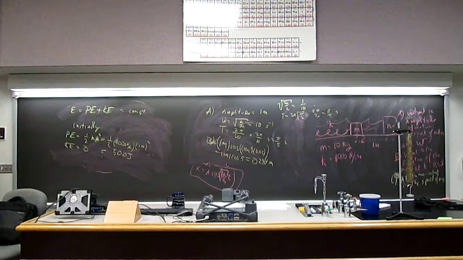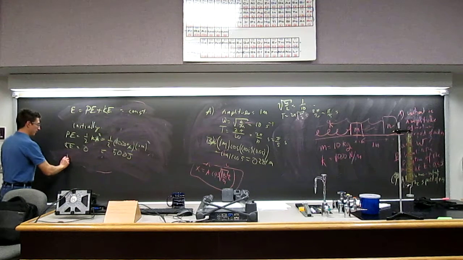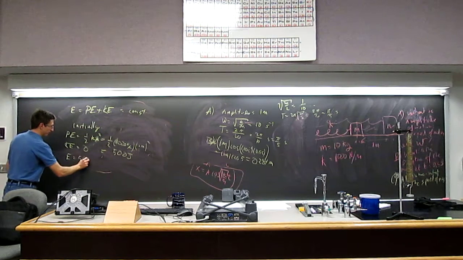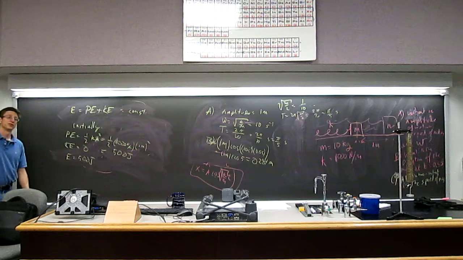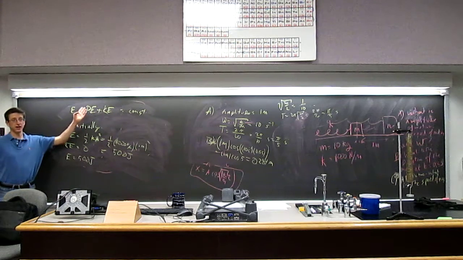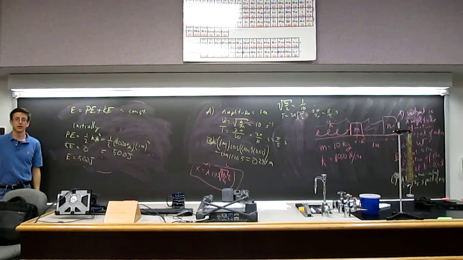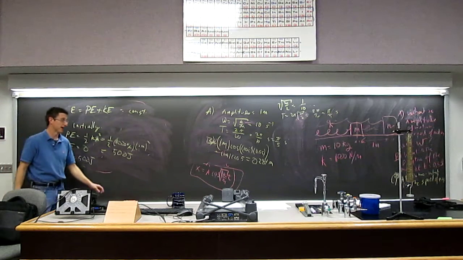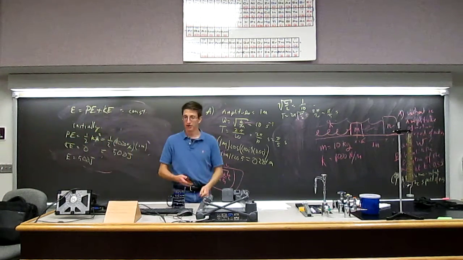Makes sense? That's the total energy, so E is 500 joules. That'll have to be the same amount of energy at any time, because we're not having friction or anything like that robbing energy.